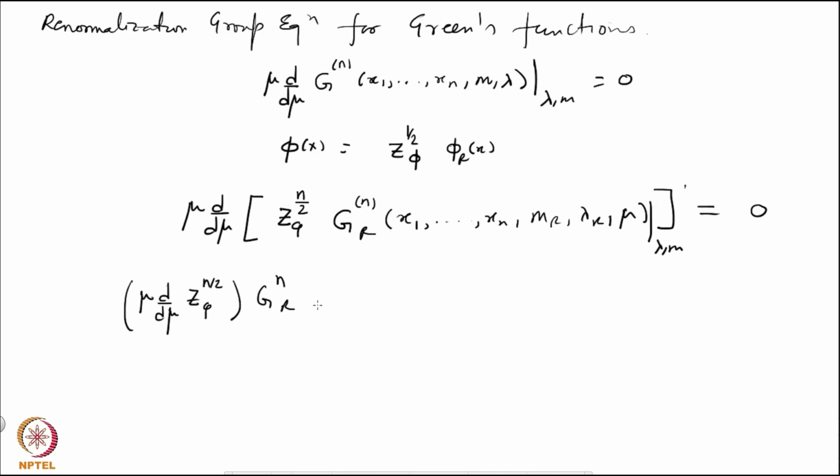I will suppress these arguments now, plus Z phi to the n half mu d over d mu G_n^R. Okay, keeping lambda and m fixed.